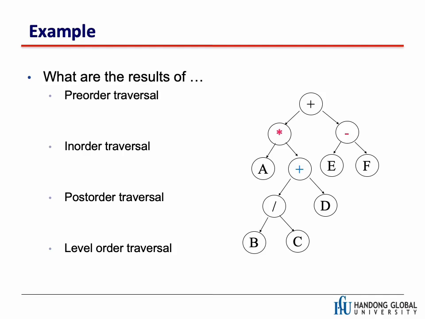And the level order traversal will print out plus star minus A plus E F slash D B C.